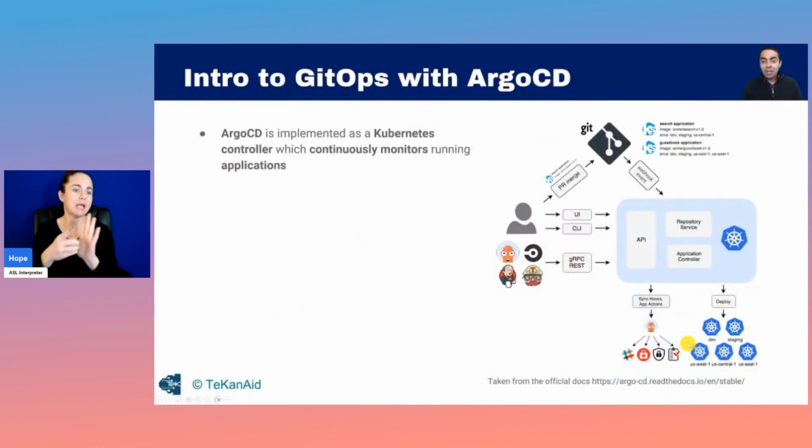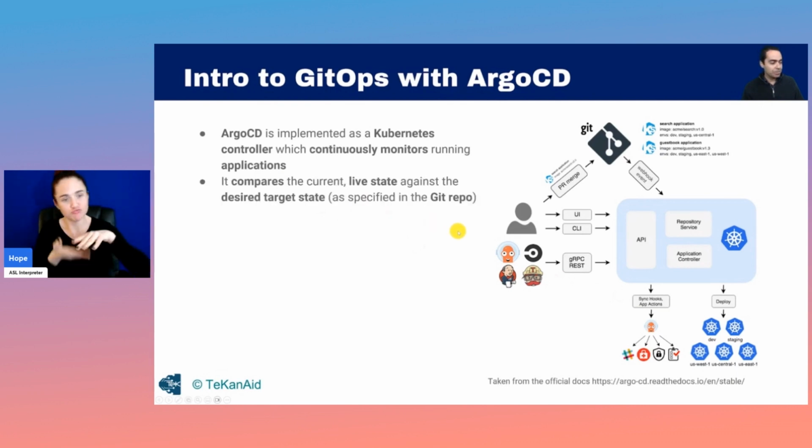If you're not familiar with GitOps, it's the process of having your application code and your infrastructure code all stored in Git. And basically, Git becomes your source of truth, and you deploy straight from Git. In this case, ArgoCD is a tool that implements GitOps principles, and it's implemented as a Kubernetes controller, which continuously monitors running applications in your environment.